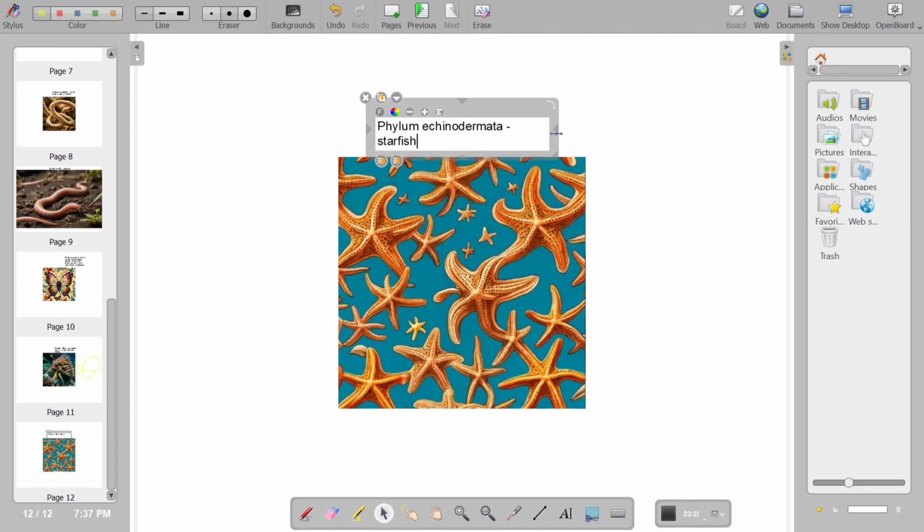There are several small tube-like structures called tube feet, which are responsible for the locomotion of the starfish. Reproduction is mainly sexual. Sea urchin, sea cucumber, sea lily possess spines as well as spicules. These animals come under the category called phylum Echinodermata.